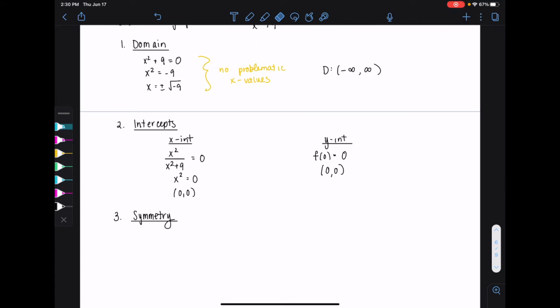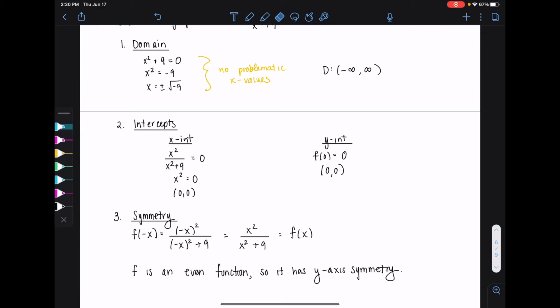For symmetry, if I go ahead and plug in negative x, we're going to get negative x squared over negative x squared plus 9. In both those cases, the minus signs disappear, and you get exactly the same function back. So ultimately, f is an even function, and I know it's going to have y-axis symmetry. So when I graph this, it better look symmetric to the y-axis.